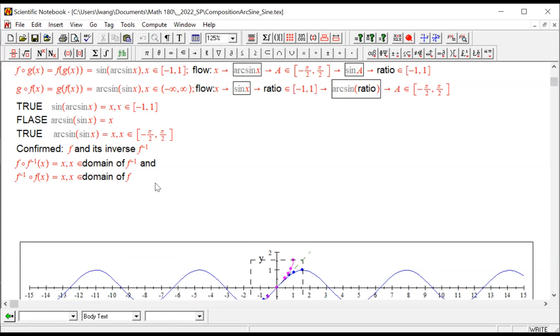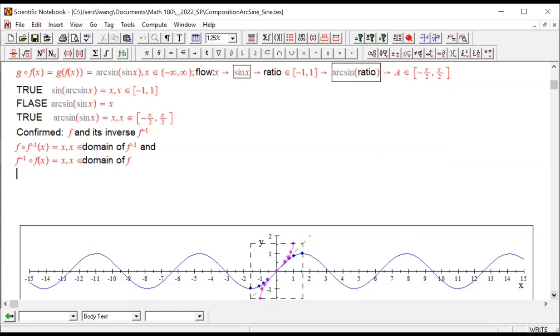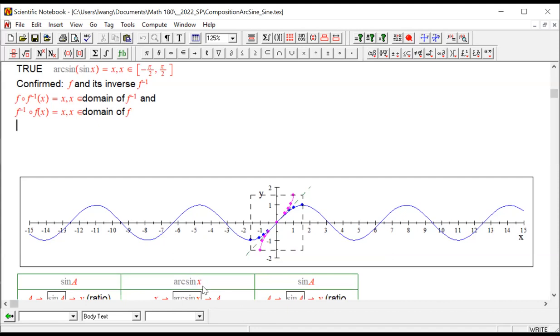Okay, so in our situation, let's take a second look at why this is true. Let's assume that F is arc sine, F of x is arc sine.